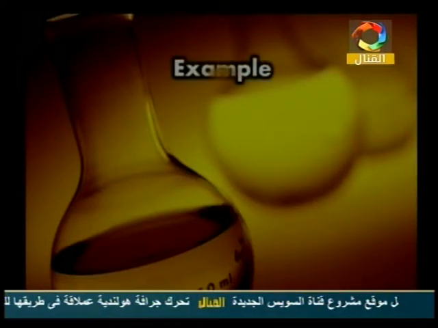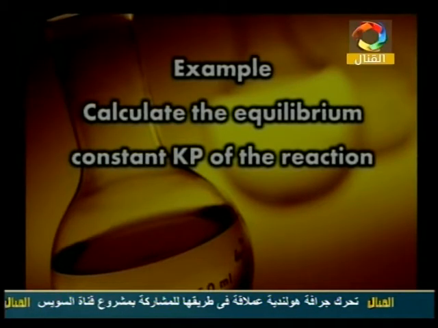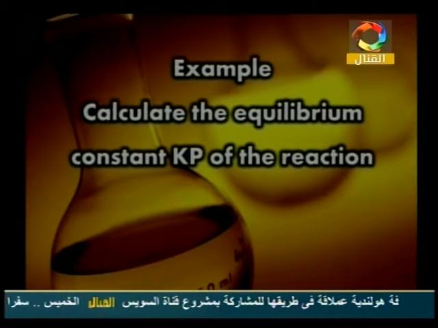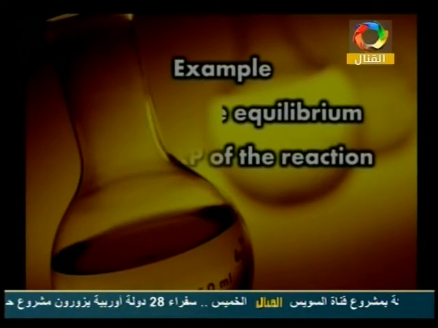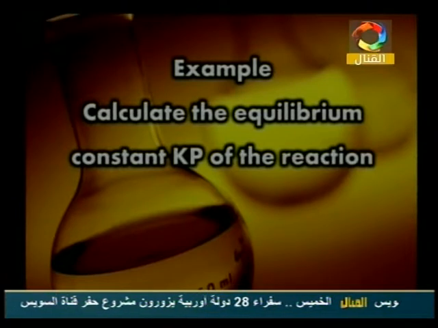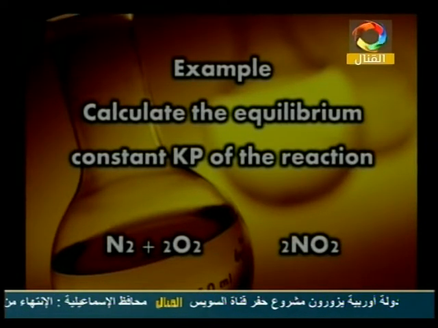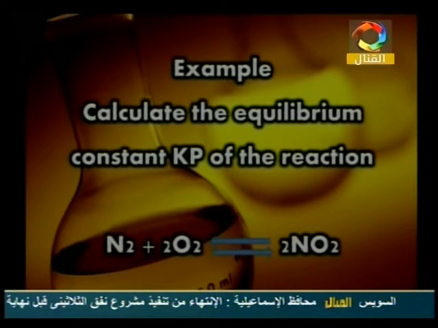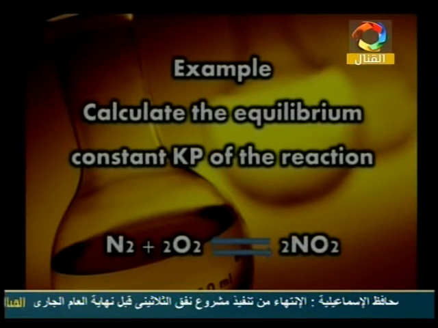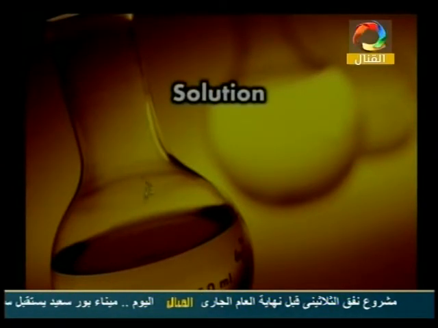Another important example. Calculate the equilibrium constant Kp of the reaction. What is this reaction about? N2 plus 2O2 in two directions gives 2NO2. Now, what do you need? Solution.